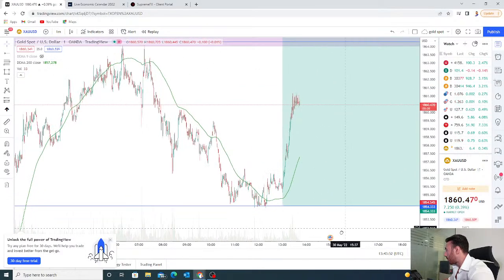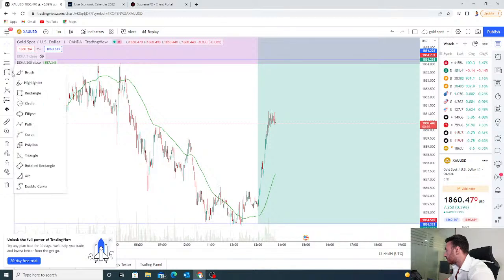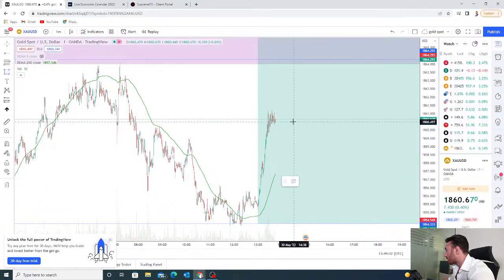When it breaks up, you measure from its take-off position, 57 to 61, that's $4. You add $4 from here. So I can draw it for you. For example, this is the take-off position, up to here.